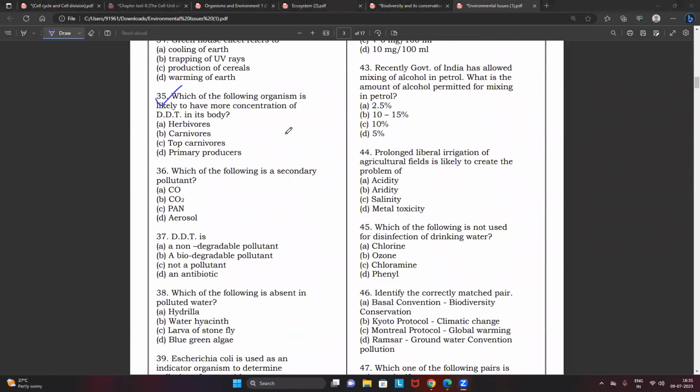Every one of you. Which of the following organisms is likely to have a more concentration of DDT in its body? See, they are asking where you can observe more DDT.